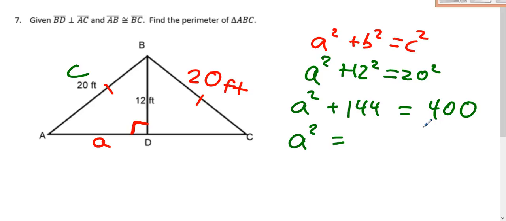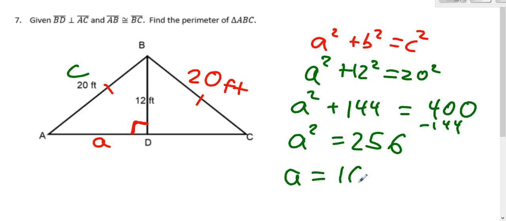Subtract the 144 from the 400. And you get 256. Take the square root of that. You get 16. 16 times 16 is 256. So this side is 16. This side is 16.